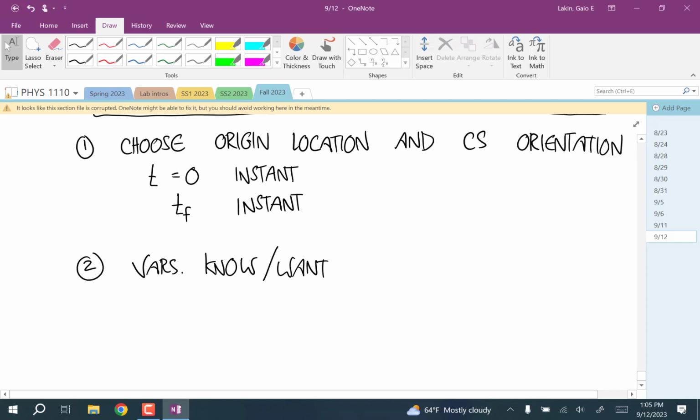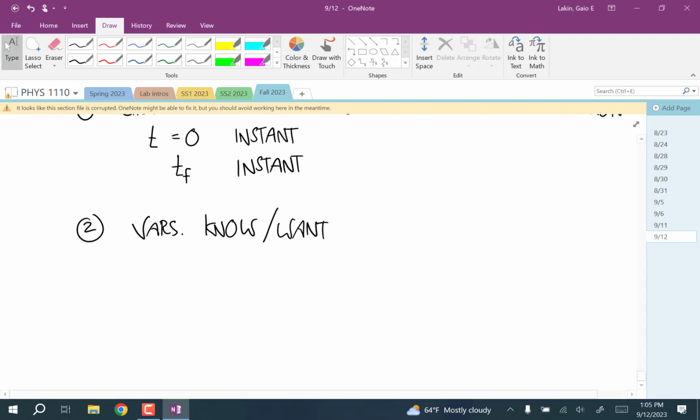Unfortunately, the list of possible variables is almost twice as long now because of the x and y components, but you can still just go through the list. Well, I'm going to write it like this. The list is TF, A, which is a vector, so that's an x and a y component.